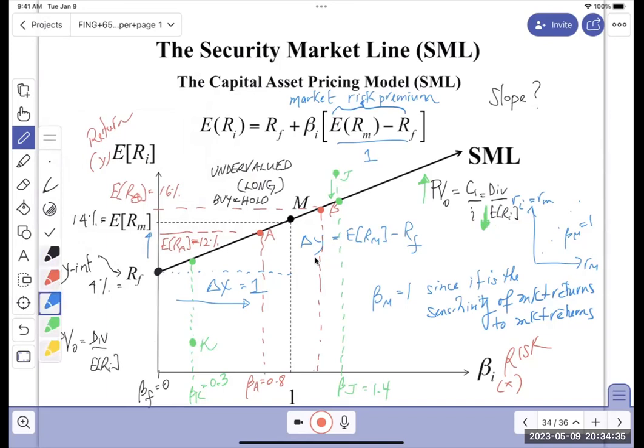Offering lower and lower prices for K, and assuming the dividend stays constant, I'm going to put a bar on the dividend, even here. To keep that dividend constant, the expected return must rise. So you're going to require a higher level of return as the price drops simultaneously, and it'll get us back to the line.